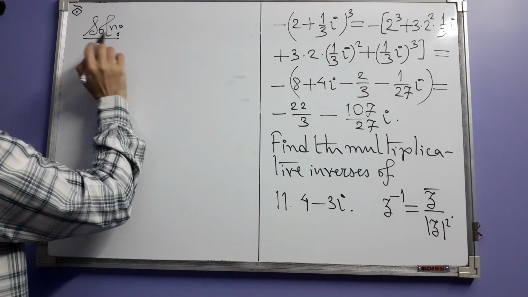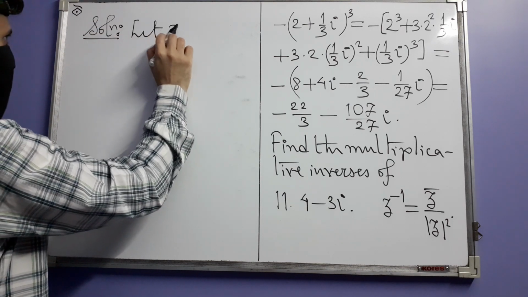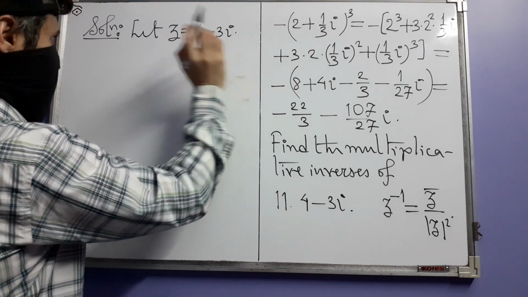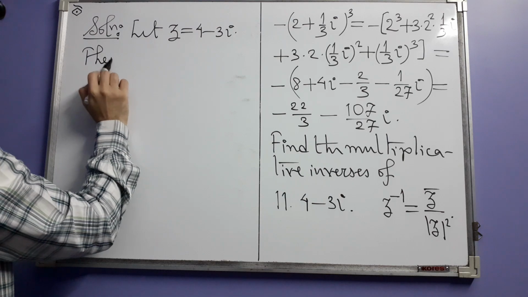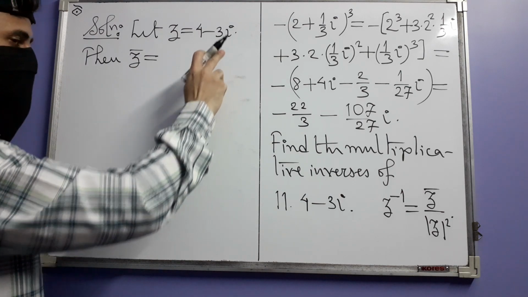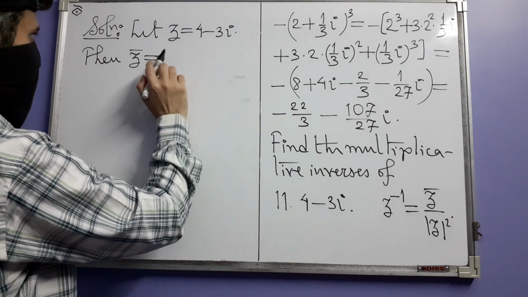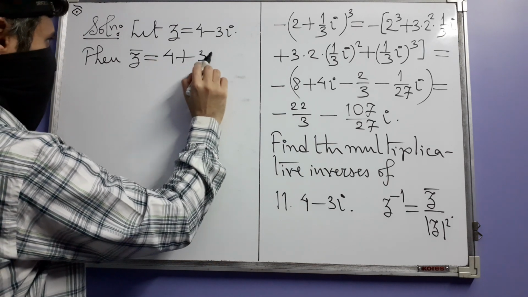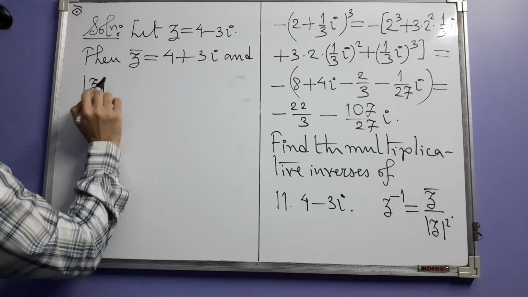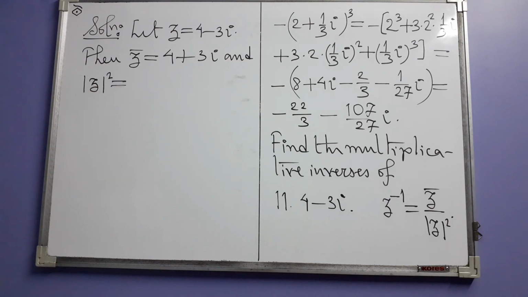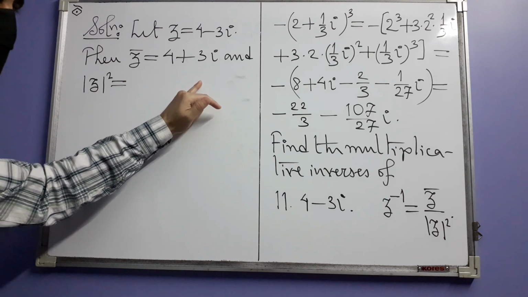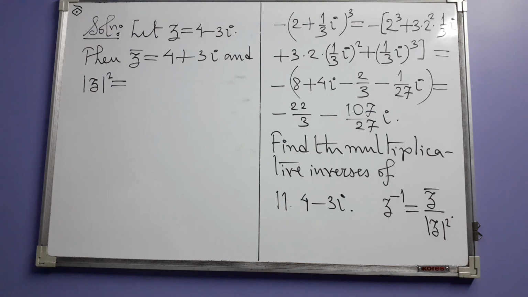And you have to write like this: let z be the given complex number, then its complex conjugate is obtained by changing the sign of the imaginary part, 4 plus 3i. And what about the square of its modulus? Do not forget that if you simply write modulus, there is a square root, but because you are taking squares, the square root won't be there.